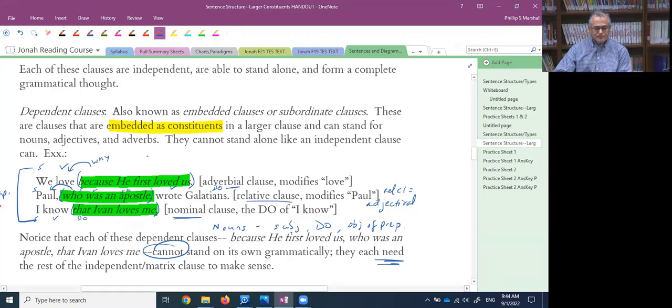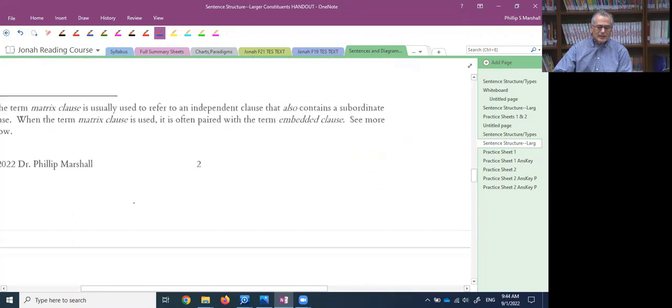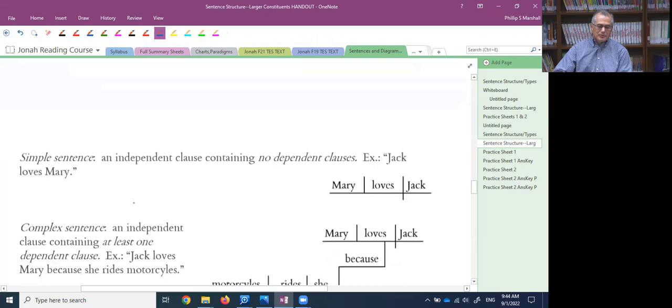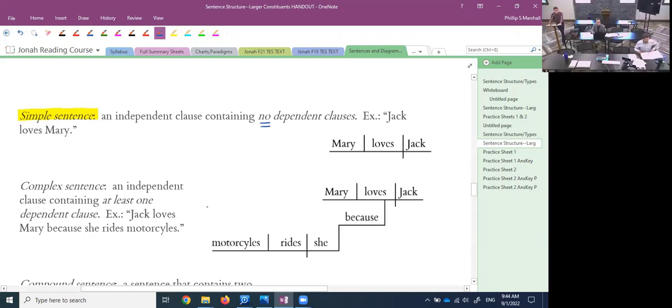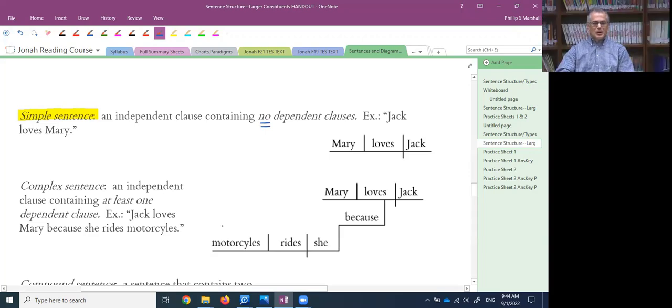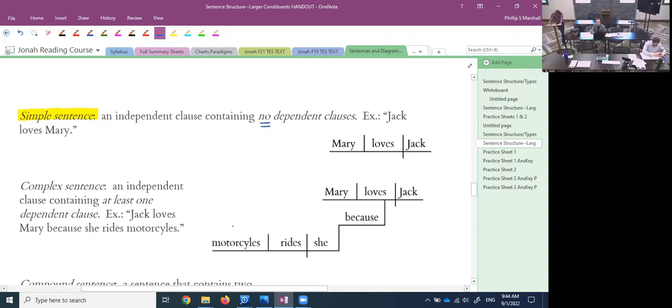Yeah, very good. So let's go back here. What I want to do is just walk through how we label sentences in relation to the question of embedding, or the dependent clauses. The term simple sentence is used for an independent clause with how many dependent clauses? None. That's what makes it simple. There are no embedded or dependent clauses.